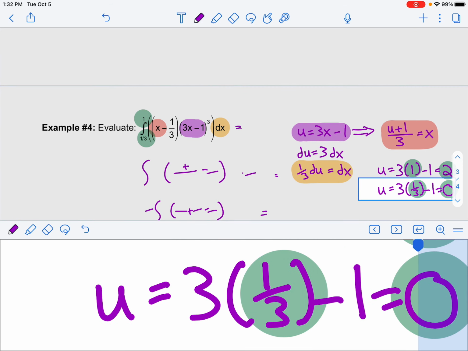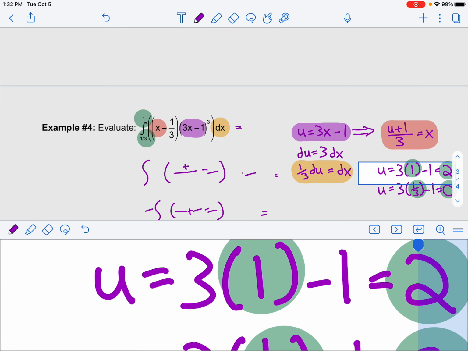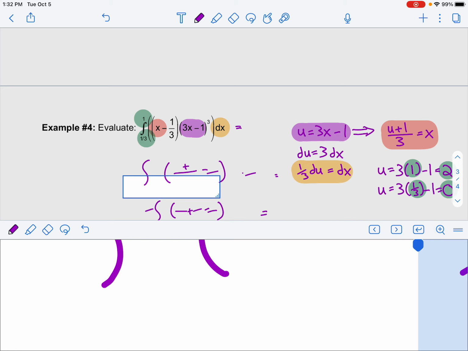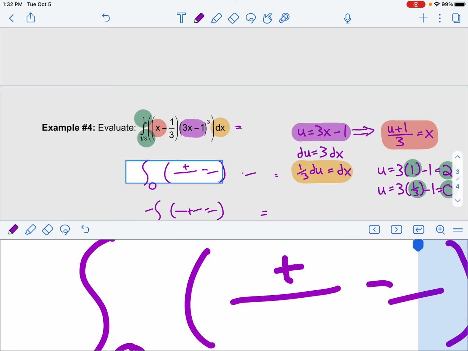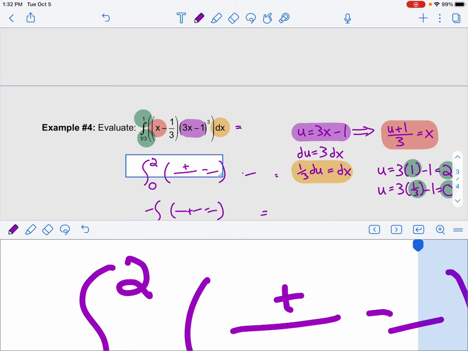So my limits of integration for u are now going to be 0 for the lower limit, 2 for the upper limit. So let's go ahead and substitute everything here in terms of u. My lower limit of integration is 0, the upper limit of integration is 2.